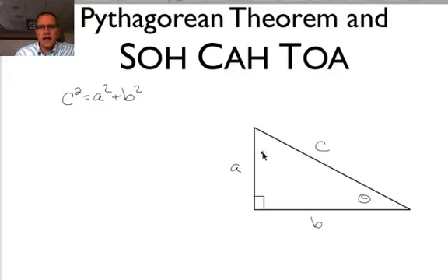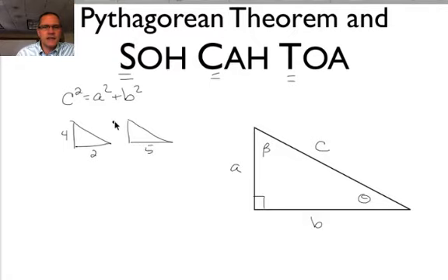Now we want to be able to relate not only the sides of a triangle, but also be able to identify the angles. Now these functions that we're going to pull out here using sine, cosine, and tangent really relate the ratios of the sides to an angle. So if you think about triangles where you have, say, sides 2 and 4 and sides 5 and 10, the ratio of this is 4 over 2 and the ratio of that is 10 over 5.